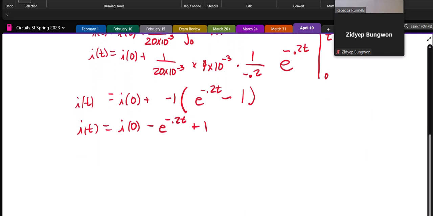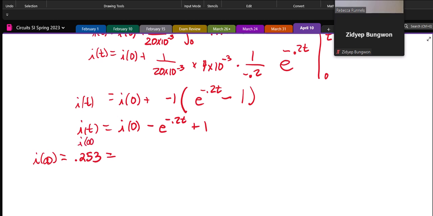Okay, now is where I'm going to use what I found out about I at infinity. So I at infinity was 0.253, and that would be what I would get if I plug infinity into this right here.